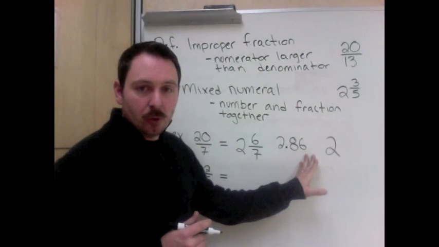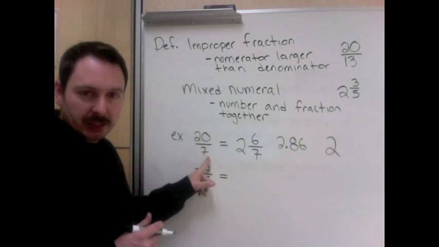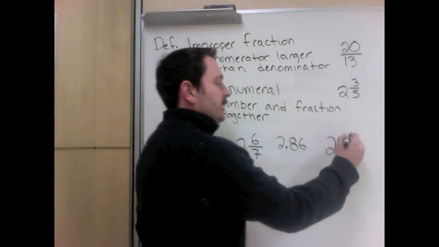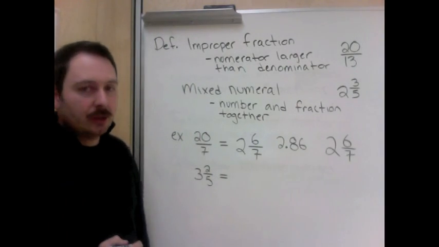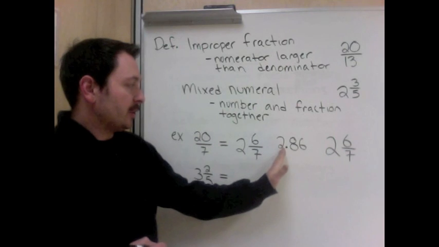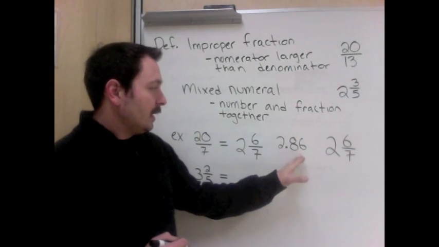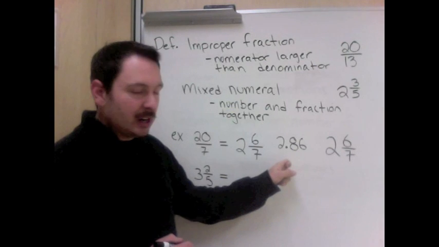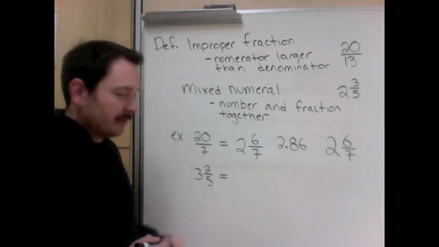Now, how much is left over? Well, 2 times 7 is 14. 20 minus 14 is 6 parts out of 7 remaining. So you can either do this intuitively using your head, or if you put it in your calculator, there's my 2, and then 0.86. How much would I have left over after I use my full 2? 2 times 7 is 14. I have 6 left over.